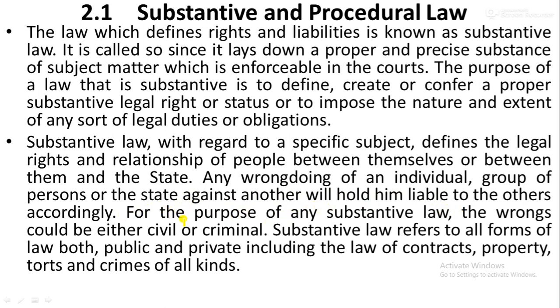The wrongs could be either civil or criminal. Substantive law refers to all forms of law, both public and private, including the law of contract and property, torts, and crimes of all kinds. So all these laws fall under substantive law. By seeing this model, substantive law has a wide scope, right?